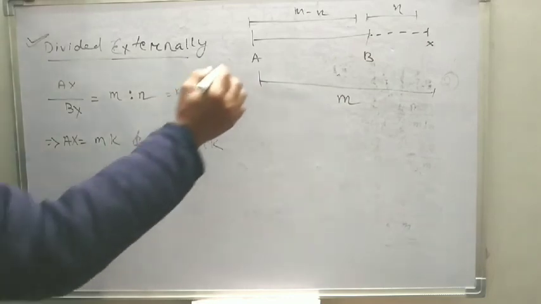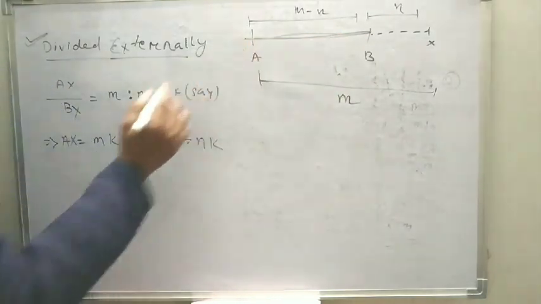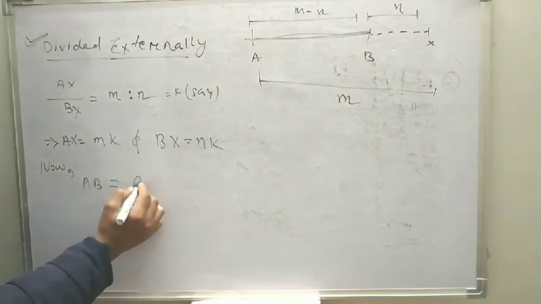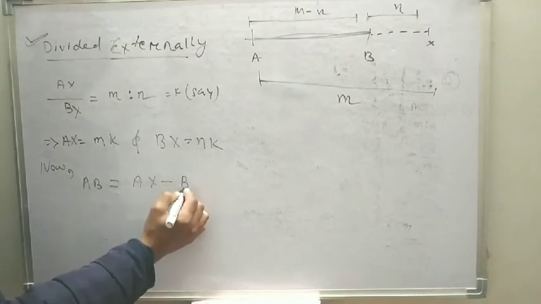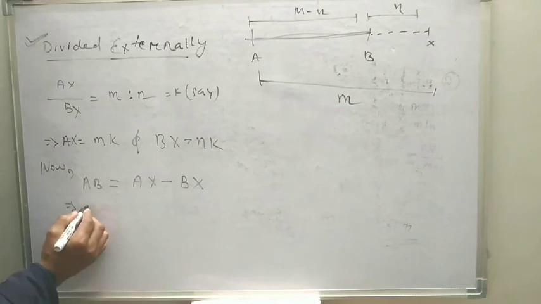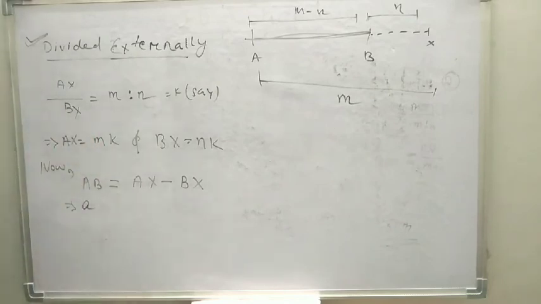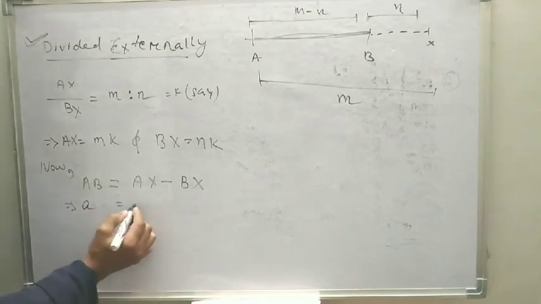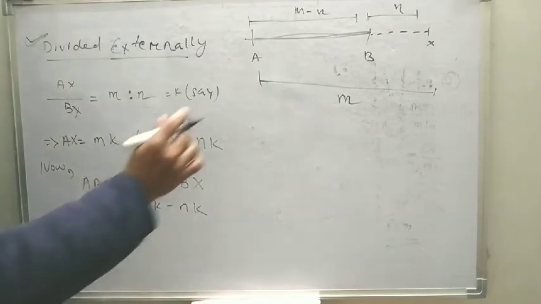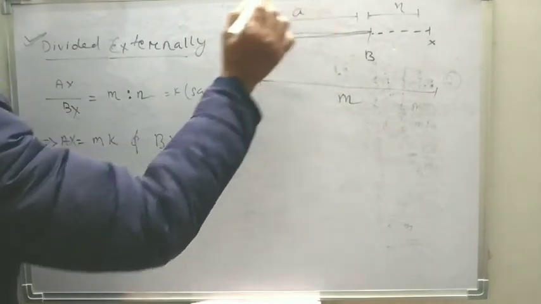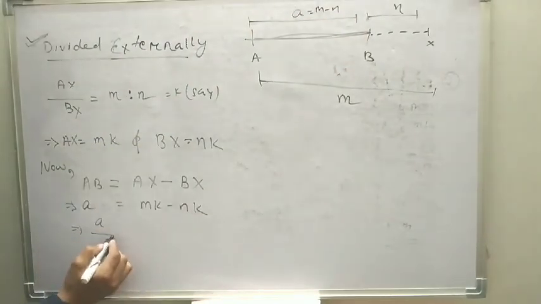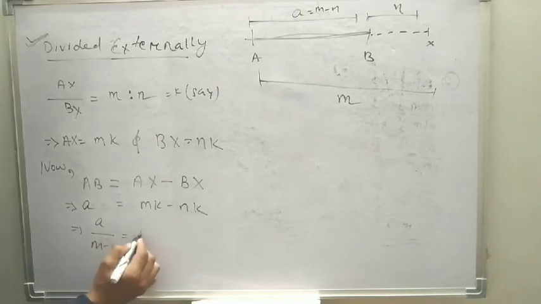But what is the length of AB? AB is AX minus BX. The length of AB is a unit. What is AX minus BX? It is mk minus nk. Here it is given as a unit, which is equal to m minus n times k. So from here we find that k is equal to a by m minus n.